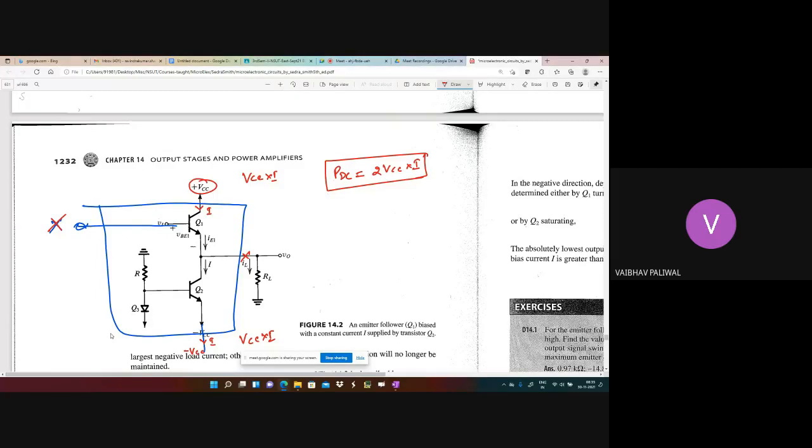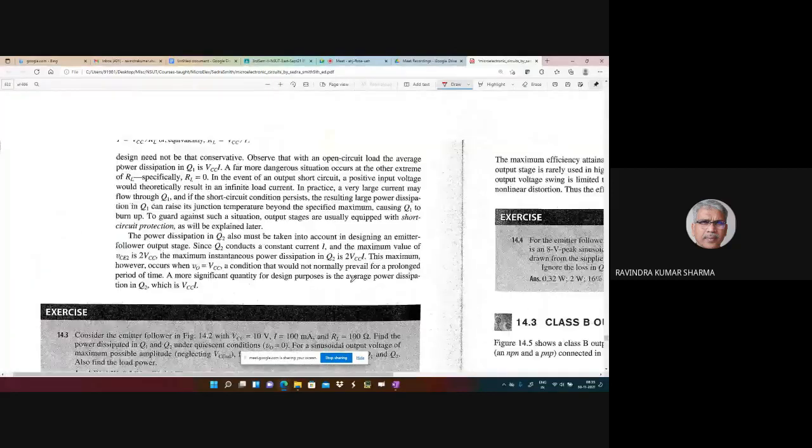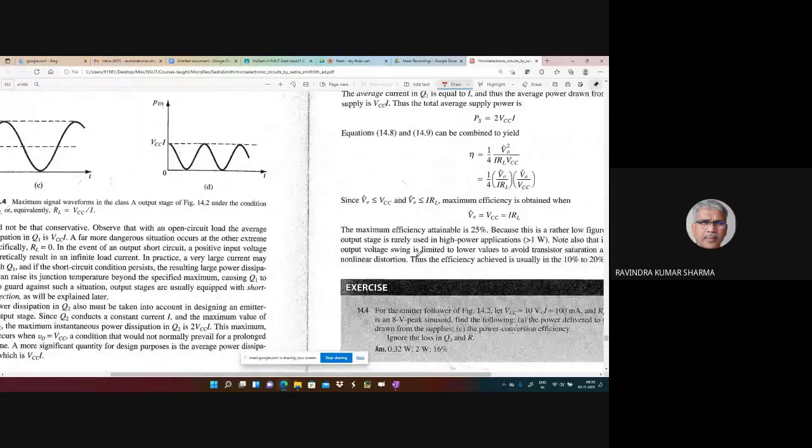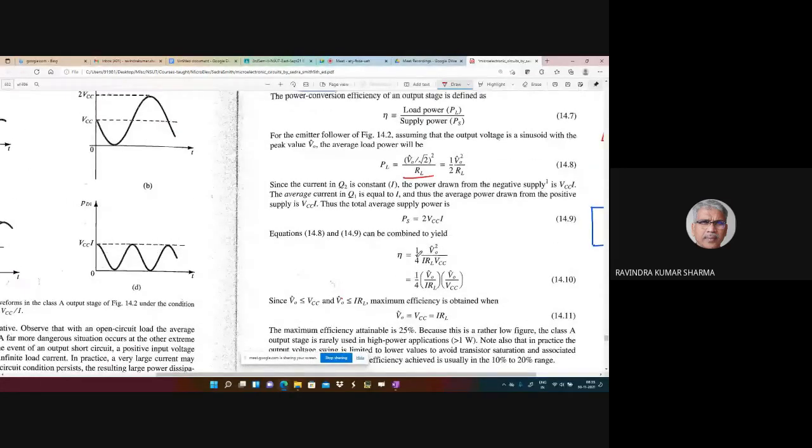Right. So that's the supply power being given. Now what will be the efficiency?